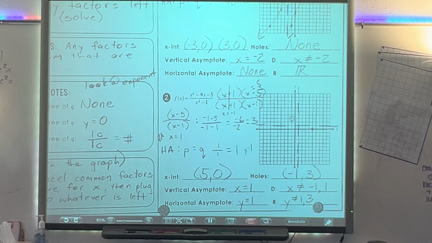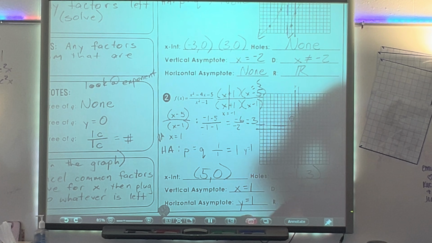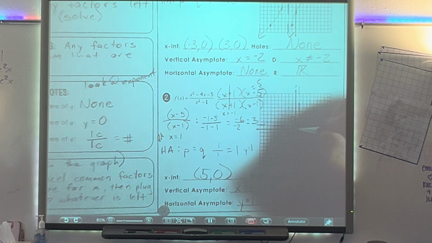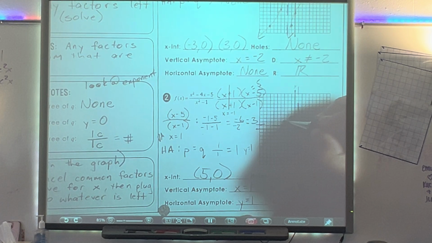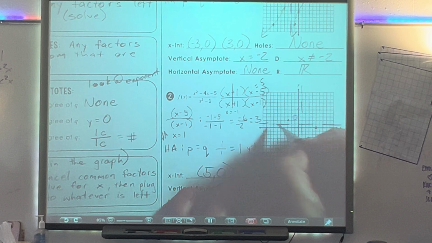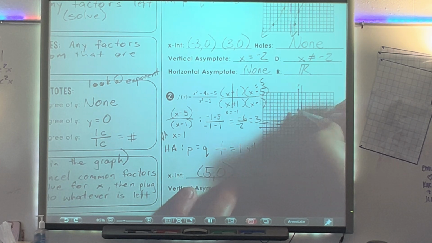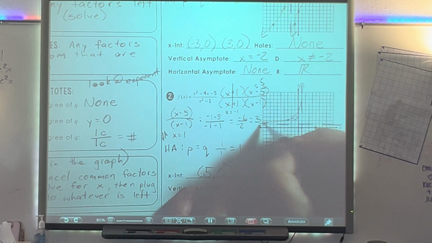Probably not a ton of points that we can use. -3 falls to 2, and 0 is gonna be what, 5, right? That's probably also gonna use. Alright, switch screen. Okay, got that one.